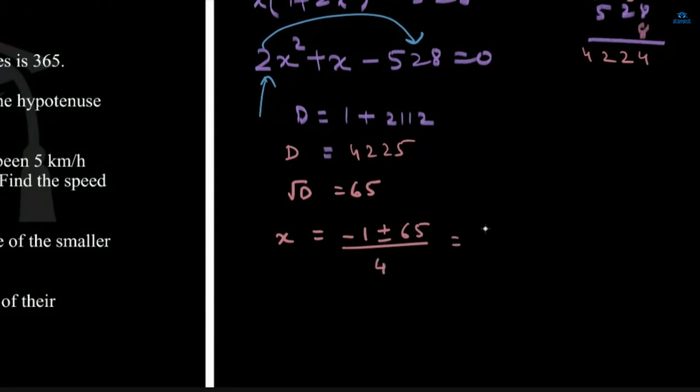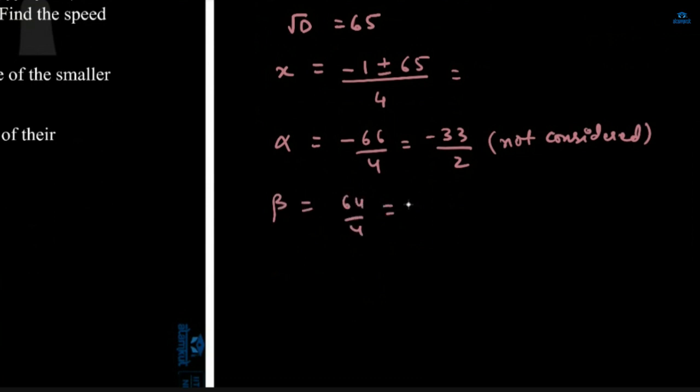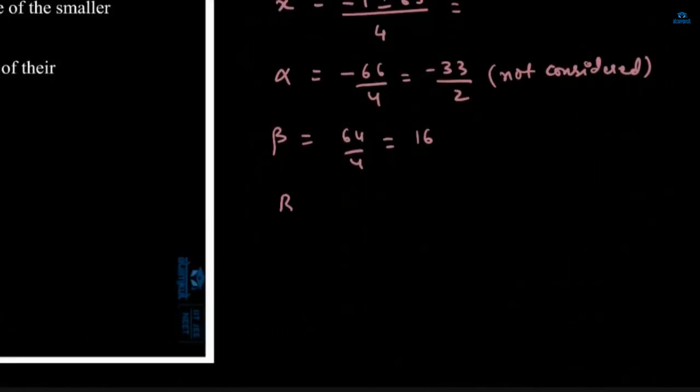For alpha, minus 1 minus 65 is minus 66 by 4, a negative value, minus 33 by 2, so not considered. Now beta, 65 minus 1 is 64 by 4, which is 16. So one value for x is 16, and x is the breadth, so the breadth is equal to 16 meters.